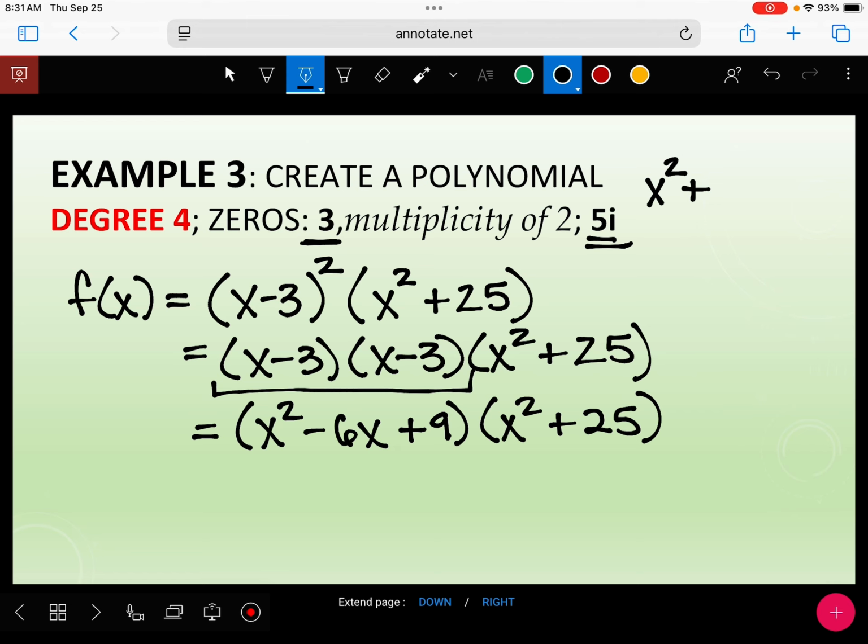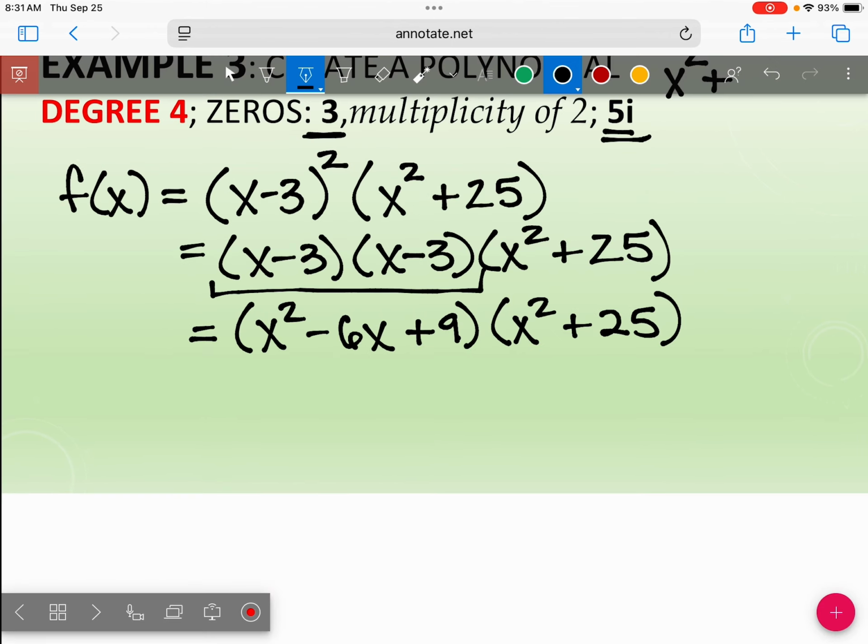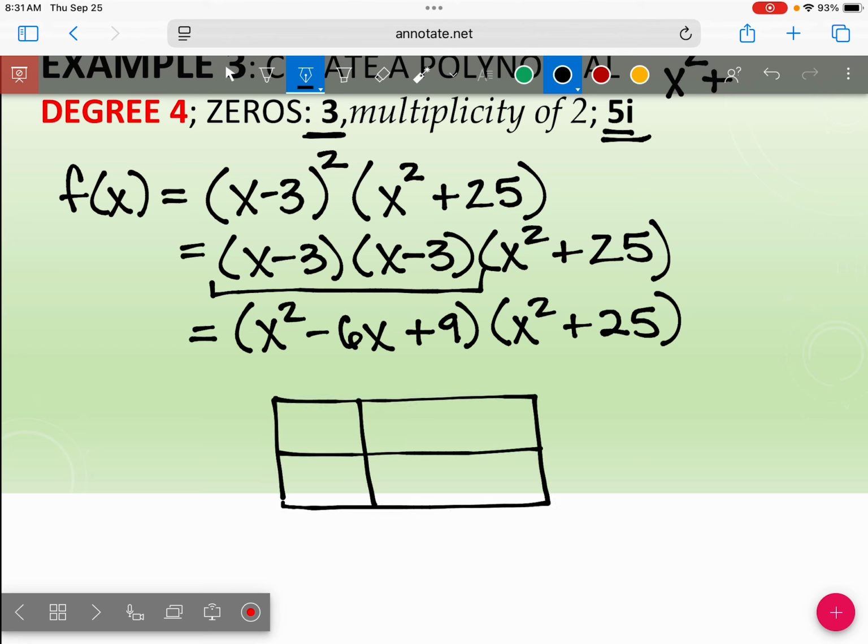So you should get x squared minus 6x plus 9. So now we're going to make one more box. And the second time we make our box, it's a little longer. So we're going to take the x squared minus 6x plus 9, multiply it by x squared plus 25. So I'll give you a couple minutes to fill in all 6 squares.